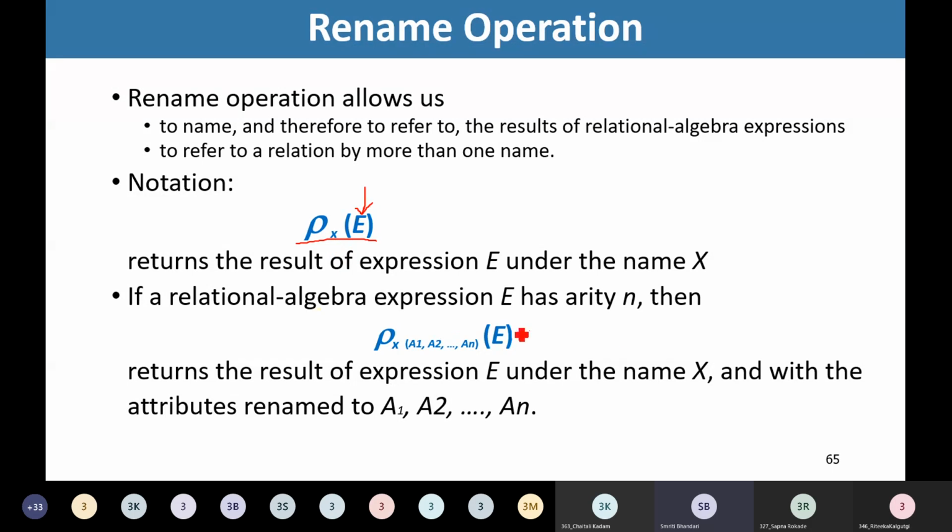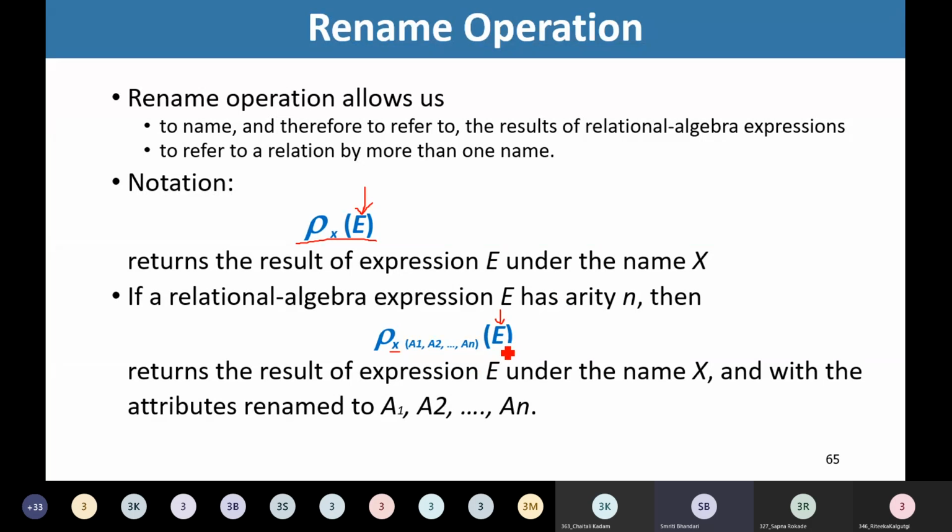Now, if my relational algebra expression E has arity N, that means if this expression E gives me a relation with N attributes, then it is possible for us to rename those attributes as well. So the result of this expression E is renamed as X with the attributes renamed as A1, A2 up to AN.